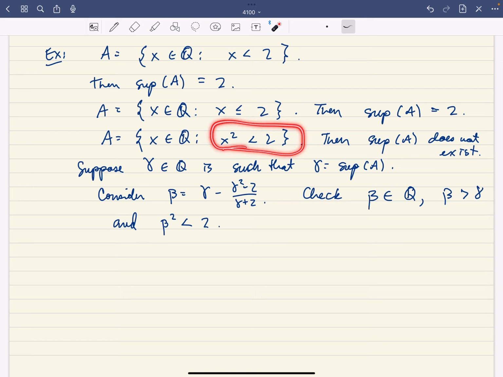There's no least upper bound that's rational. So you can always find a rational number that's either smaller than the upper bound, or if you pick a smaller bound, it might not be an upper bound anyways. I might have said that in a confusing way, but the point is that if I take the supremum of this set, then the supremum can't be rational.